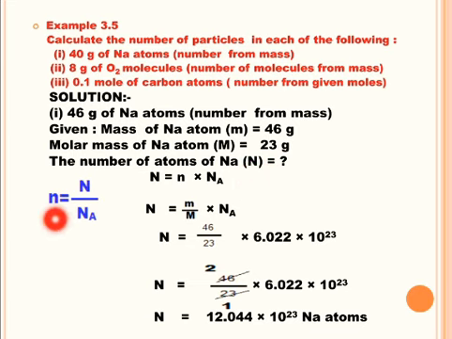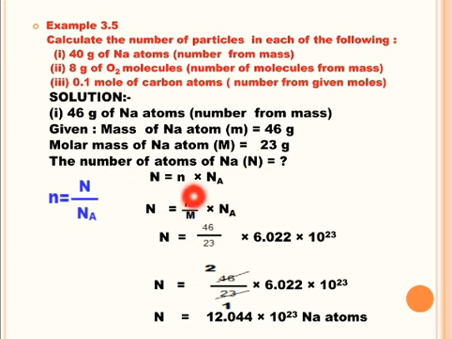Students, tell me what is the formula to calculate the number of moles from number of atoms? Yes, you are right. It is small n is equal to capital N upon Avogadro number. And from this formula, we can calculate the number of atoms of sodium, that is capital N, by cross multiplying number of moles with Avogadro number. So formula comes out to be N is equal to small n multiplied by Avogadro number.